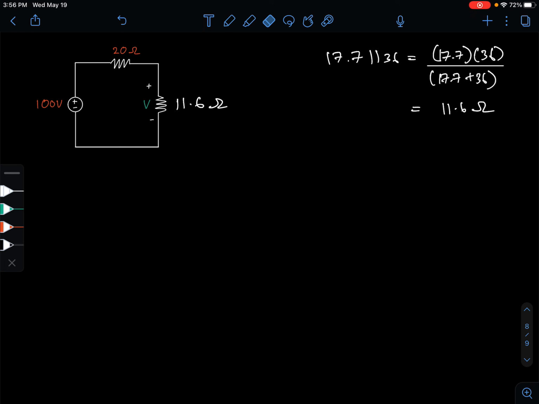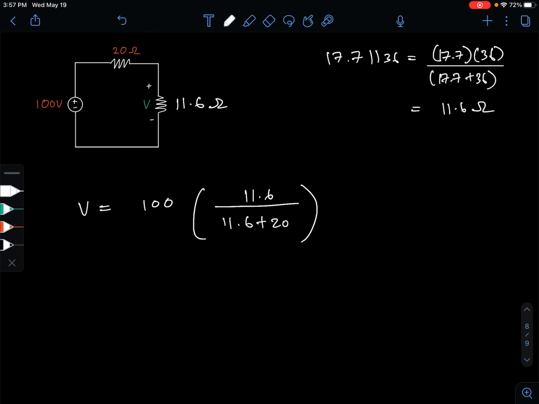We know that the 20 ohm and 11.6 ohm resistors are in series, and since they're in series, the 100 volts is shared between these two resistors. And we're trying to find the potential difference across this resistor. So the way you find V is by multiplying 100 by the fraction 11.6 over 11.6 plus 20.